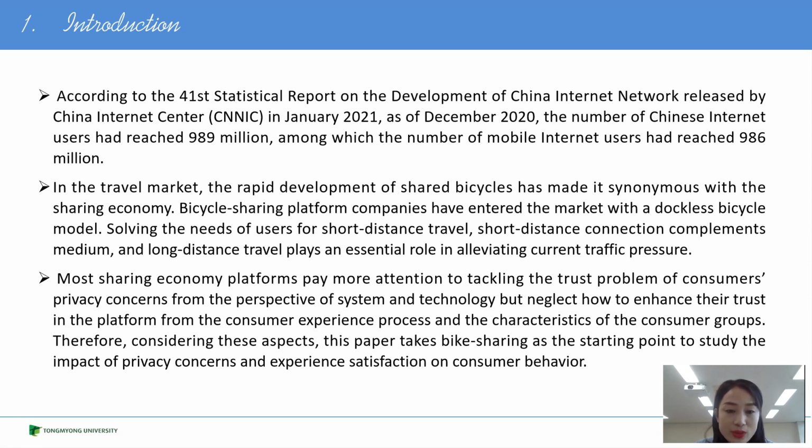Therefore, considering these aspects, this paper takes bike sharing as a starting point to study the impact of privacy conflicts and experience satisfaction on consumer behavior.